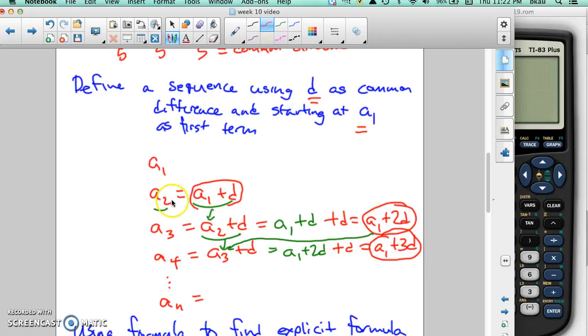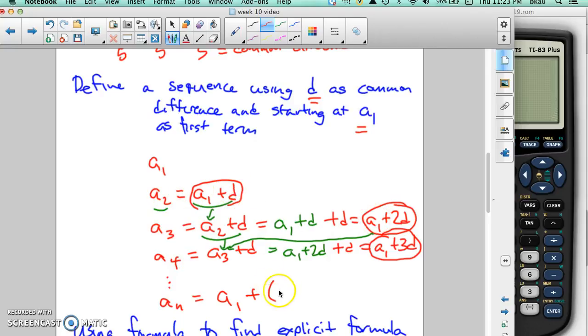But if we see this, we see a pattern here. All of these are going to have A1 in them, so it's going to be A1. And then our difference here is going to be related to the term number. If you look at this, term 4 has 3 differences. Term 3 has 2 differences. Term 2 has 1 difference.